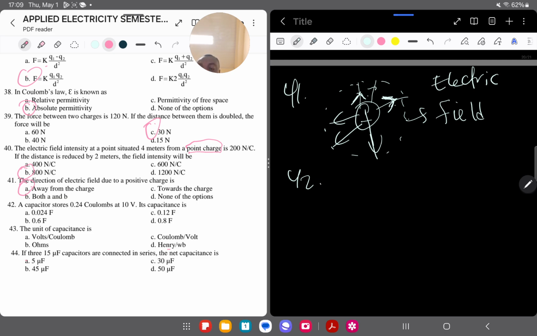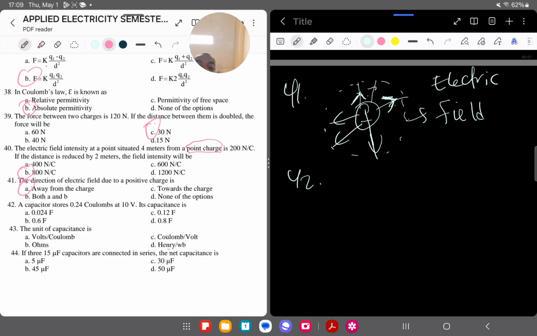A capacitor stores 0.24 coulombs at 10 volts. Its capacitance is... here we are given the charge and the voltage, and you are asked to find the capacitance.